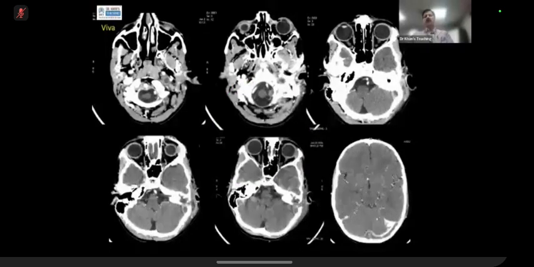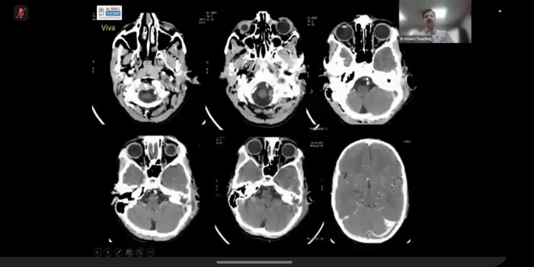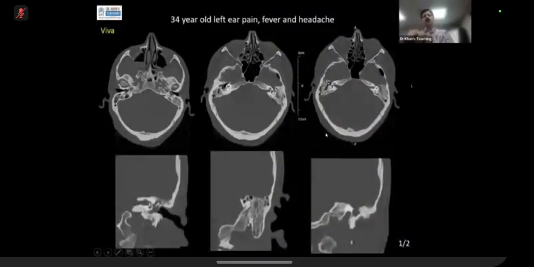You can see this filling defect here, so there is transverse sinus thrombosis. This is the jugular vein, and this is the jugular vein, and this is an extension of the same thrombus, which is extending into the jugular vein in the carotid sheath. So this is just an example of a complication.